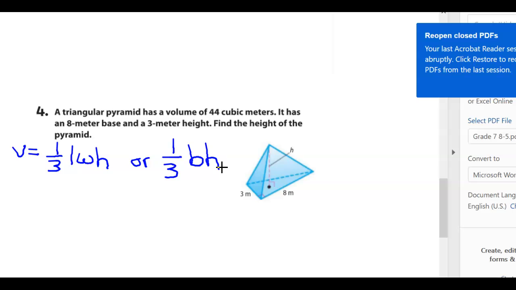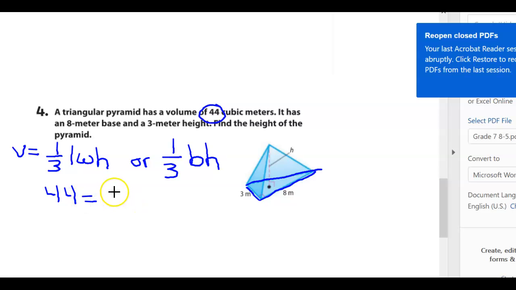What we're going to do first is find the base. Now the base is going to be half of 8 times 3, because this is a triangle down here. So I can do 8 times 3 and get myself a 24. Actually, the volume they're telling me is 44 on this one.